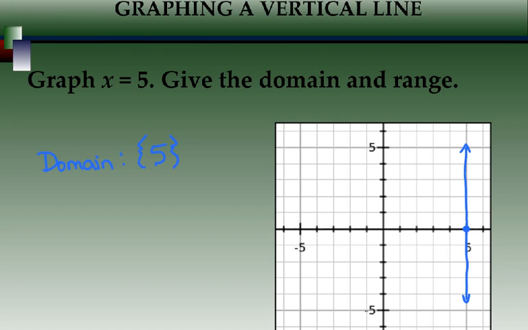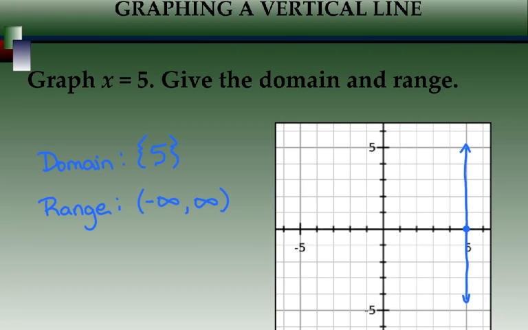Wherever your x value lies, that is your domain, that single value. Now for the range, well, the whole y-axis is being covered by this single line going up and down. So our range in this case is negative infinity to infinity.